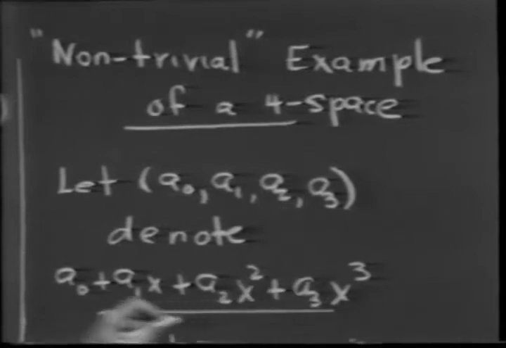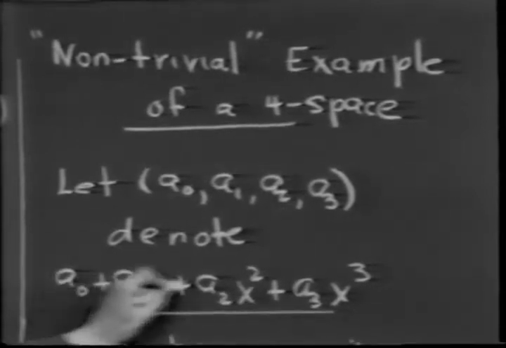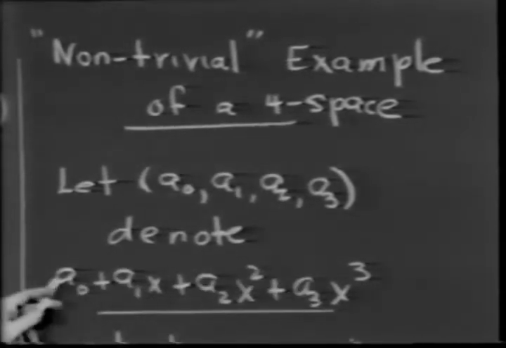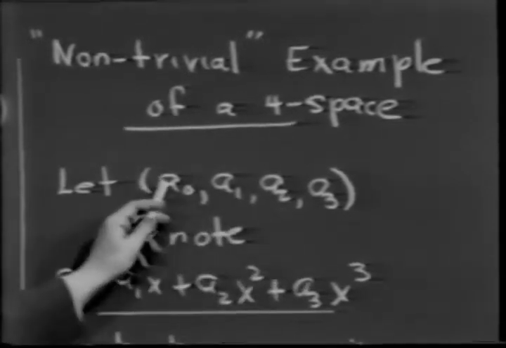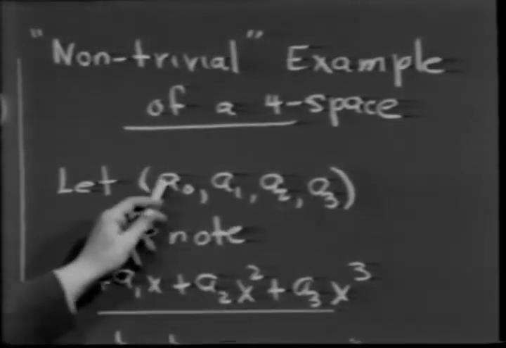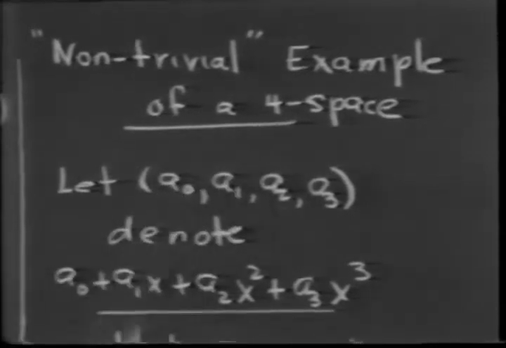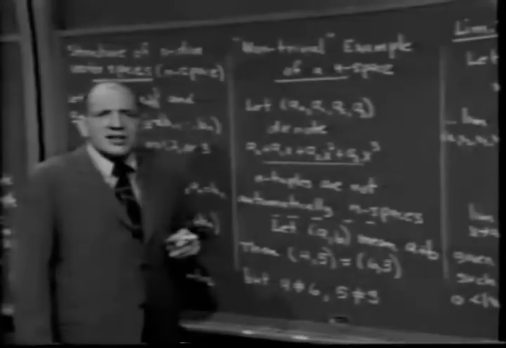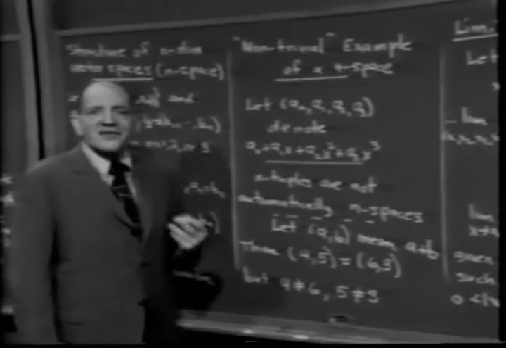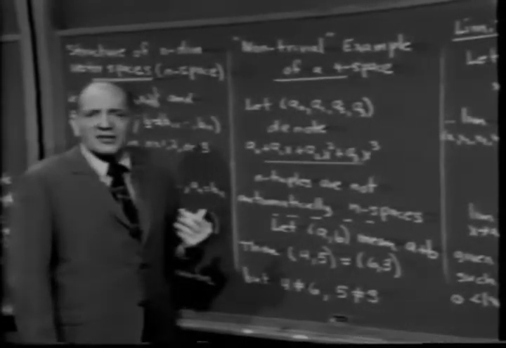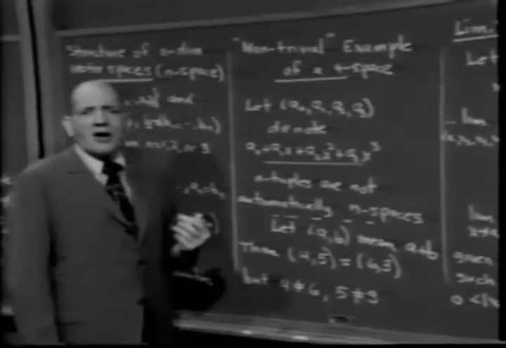How do we multiply a polynomial by a scalar? We multiply each term by the scalar. That in turn is equivalent to multiplying each coefficient by that scalar. And that says, in terms of n-tuple notation, that we have multiplied each component by that scalar. In other words, the set of polynomials of degree n forms a very nice vector space in terms of our definition of a vector space.